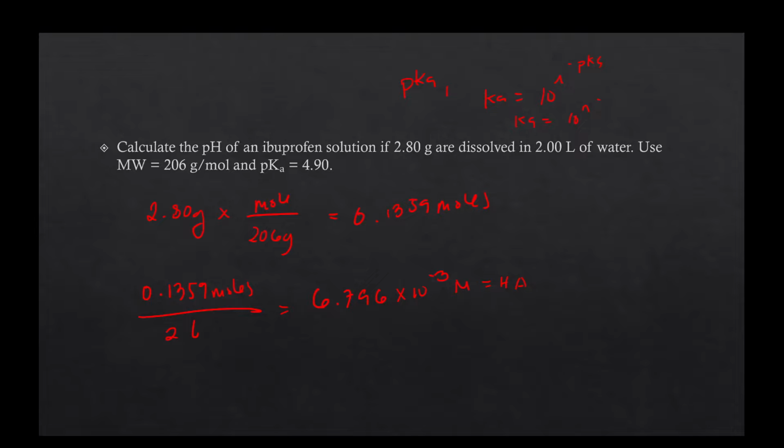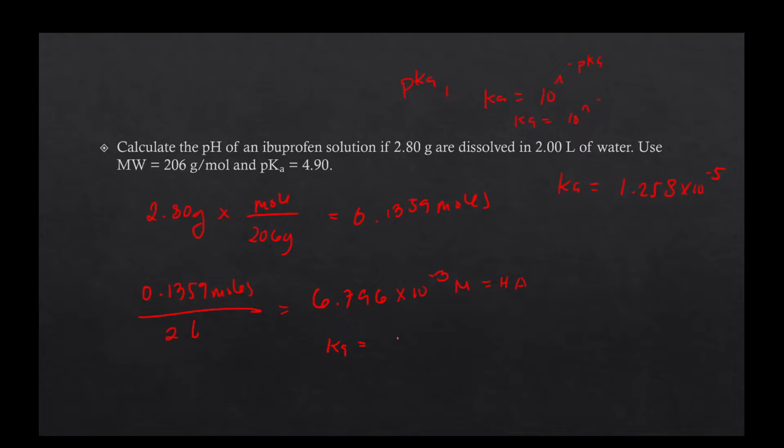Negative pKa is 4.90. So Ka equals 1.258 times 10 to the negative fifth. So we have Ka, we have HA, all we need is H. Okay.